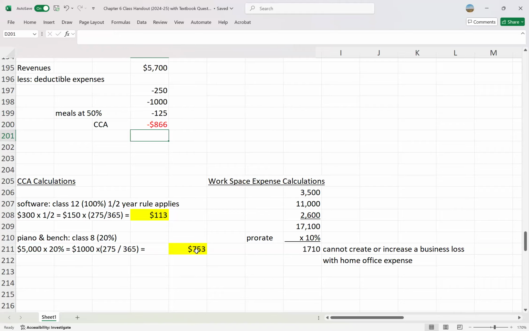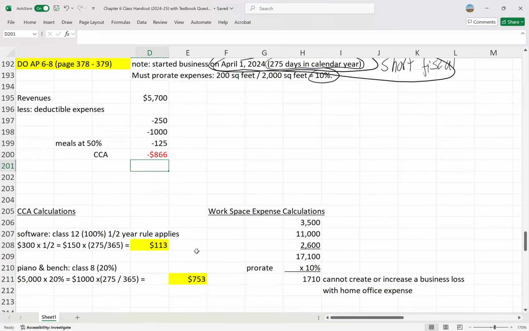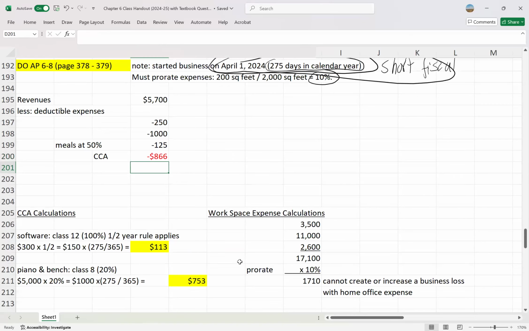Any questions about the CCA calculations? And then what we need to do then is, once again, do a quick subtotal. So we need to figure out what is the income or loss before home office expenses. And that's going to be 3,559. So this is the income before home office.